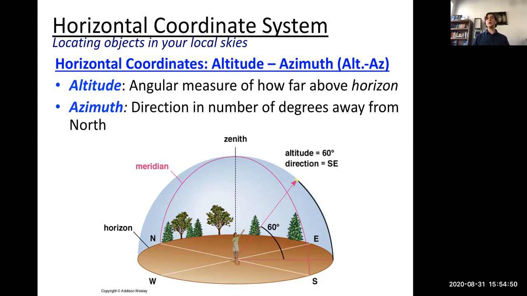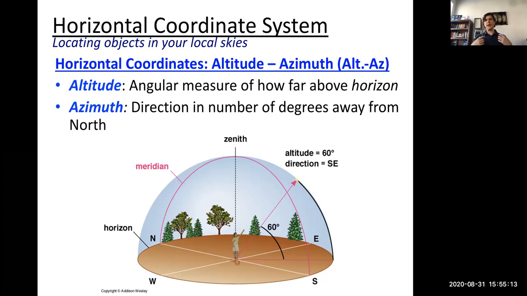So we have the two coordinates, altitude and azimuth, that make up the horizontal coordinate system. Let's start with azimuth. Azimuth is just spinning around and around. And altitude is how far up. So azimuth, how far around. Altitude, how far up in the sky.